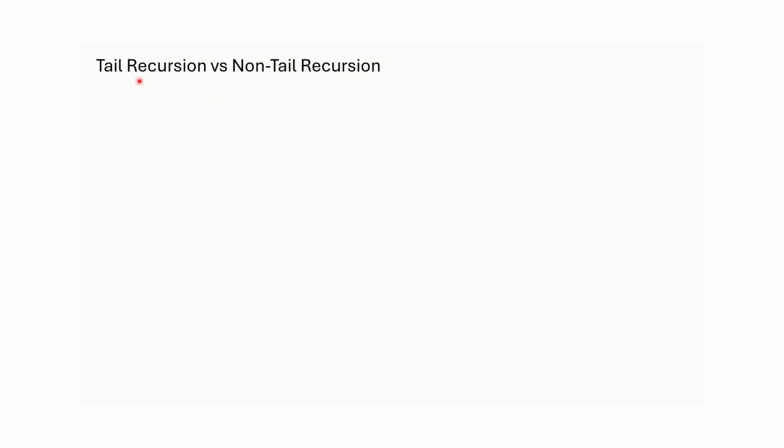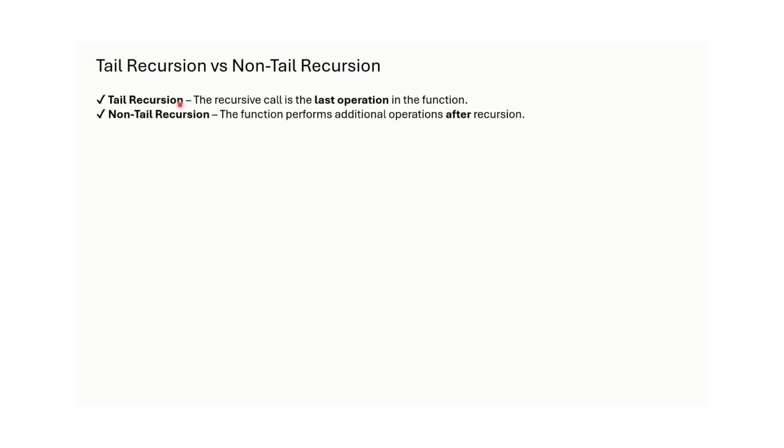Now let's compare the difference between tail recursion and non-tail recursion. Tail recursion means the recursive call is the last operation in the function, but in case of non-tail recursion, the function performs additional operations after completing that recursion.